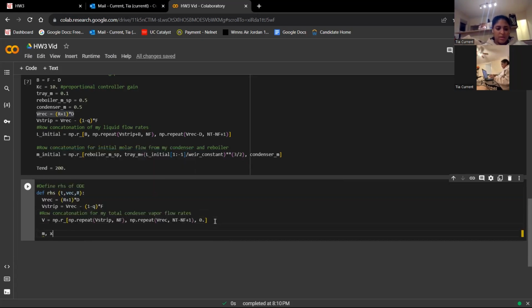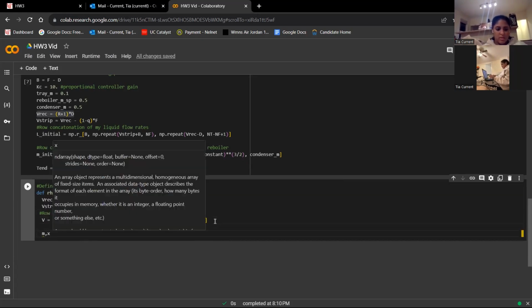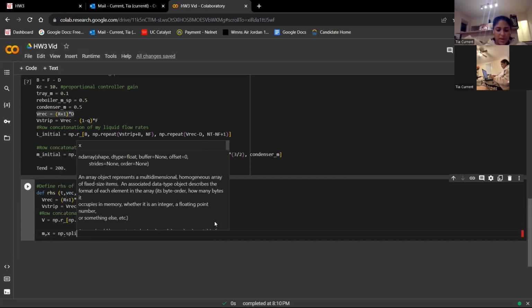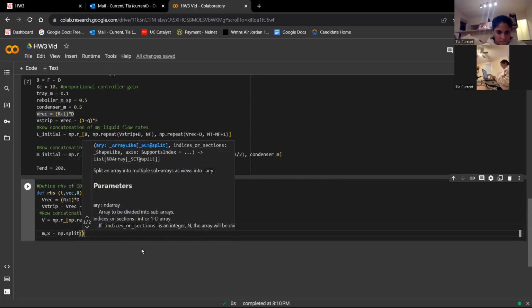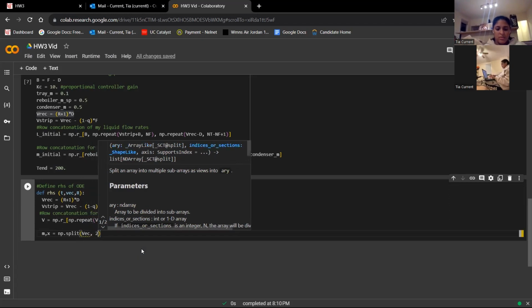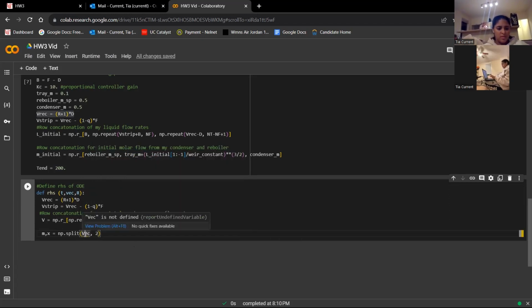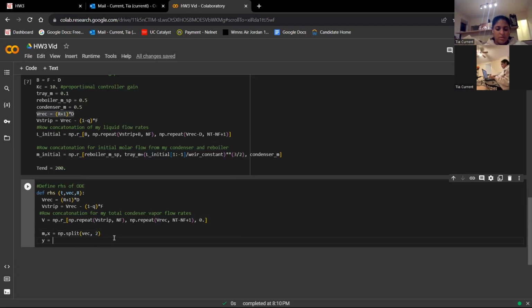M X and P dot split. Close the parentheses. Y is equal to X times alpha divided by 1 minus X plus X times alpha, which is for both.